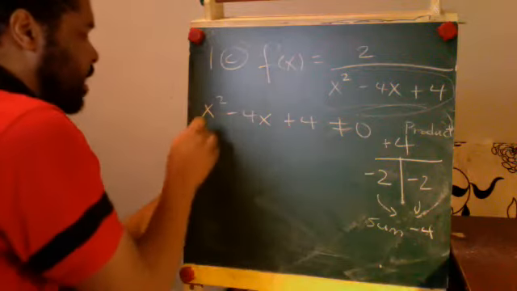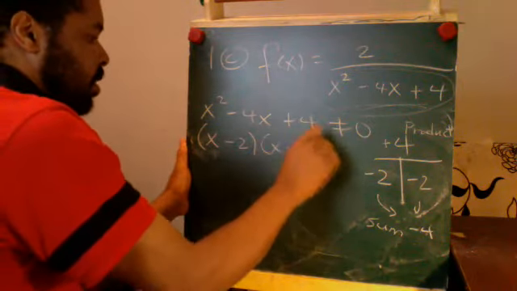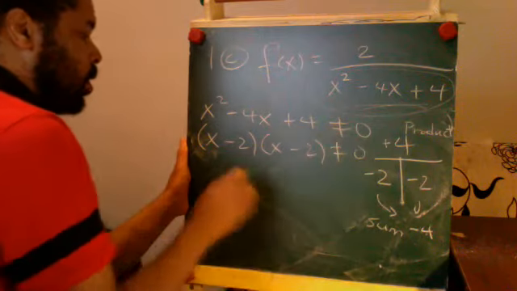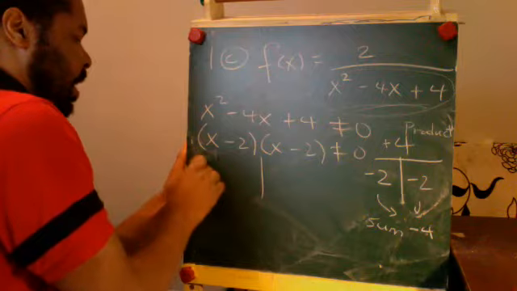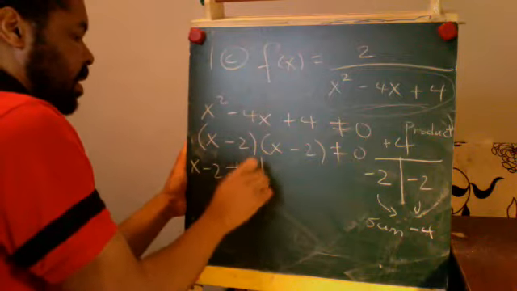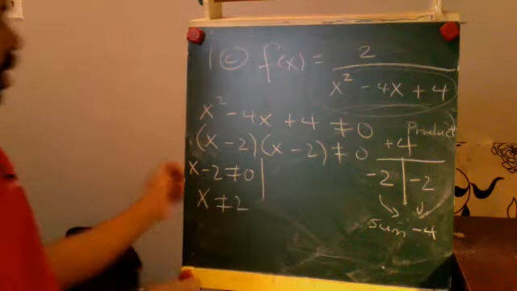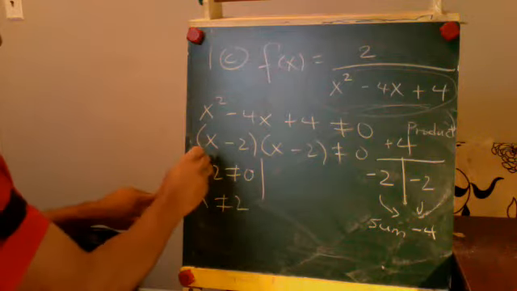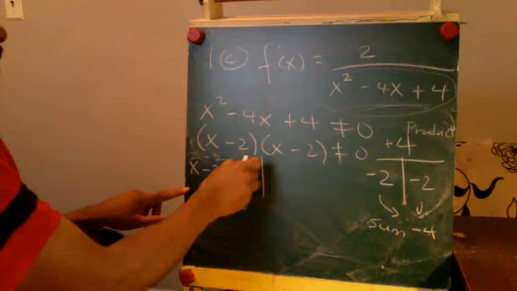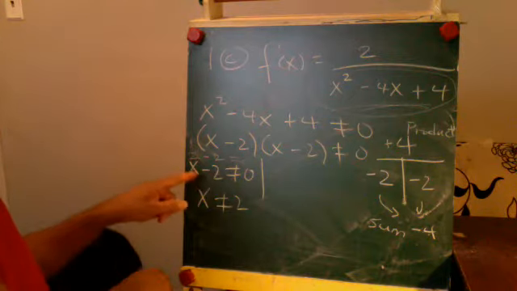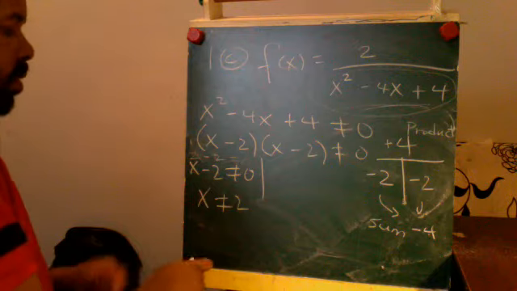And so the candidates we're looking for are -2 and -2. So we only have to do one because they're the same thing. This and this are the same. So we want x minus 2 to not be equal to 0, which basically means we want x to not be equal to 2, because 2 minus 2 would obviously be equal to 0. So if we want this not to be 0, we want x not to be equal to 2.